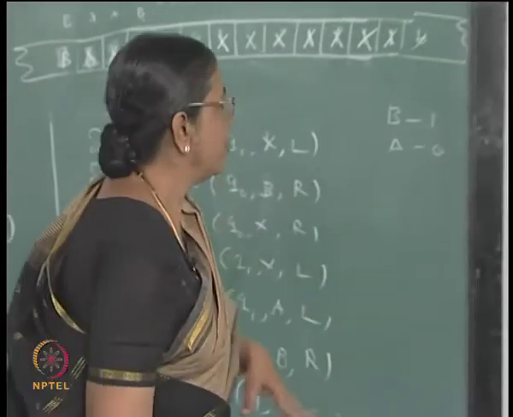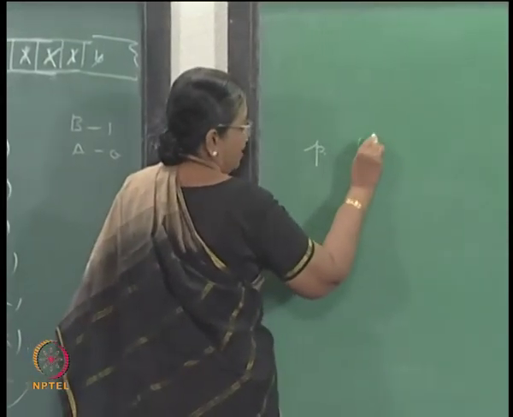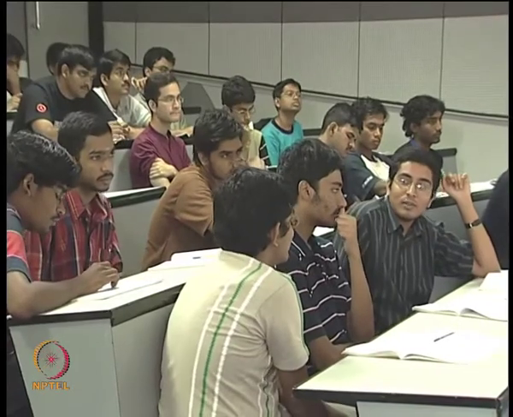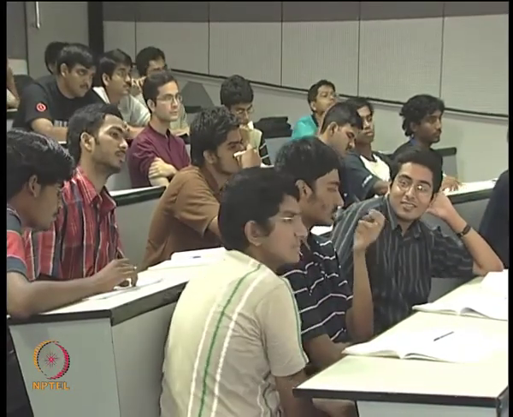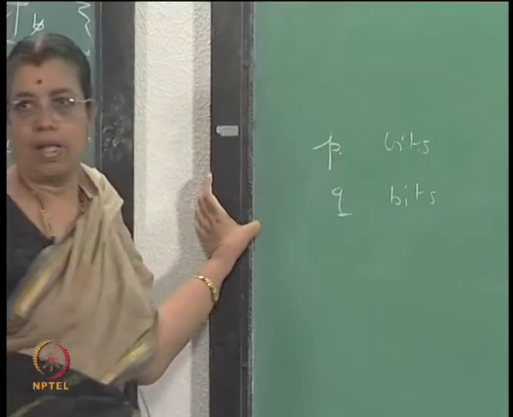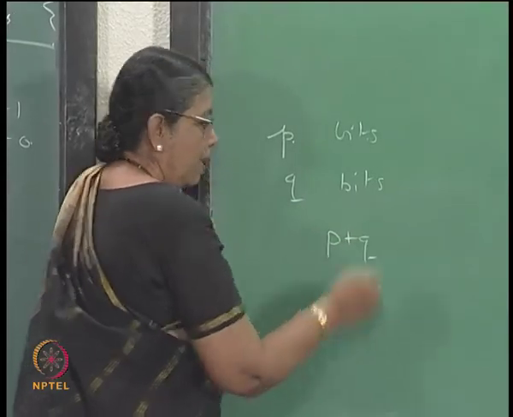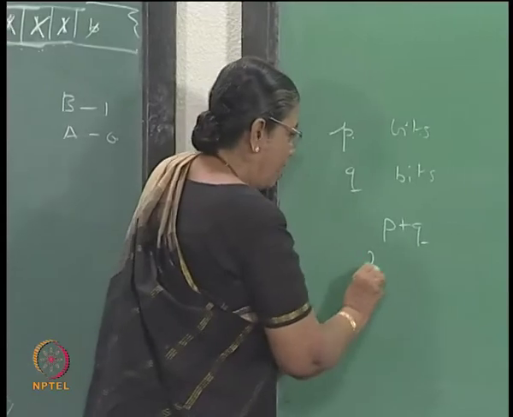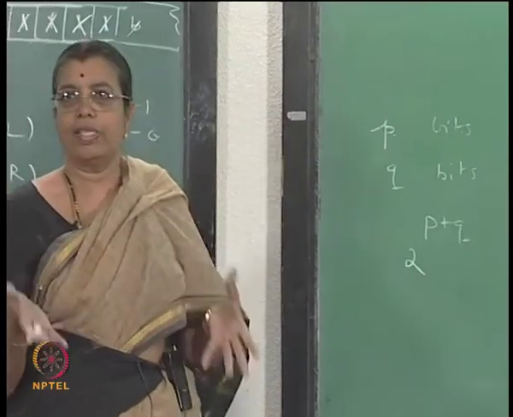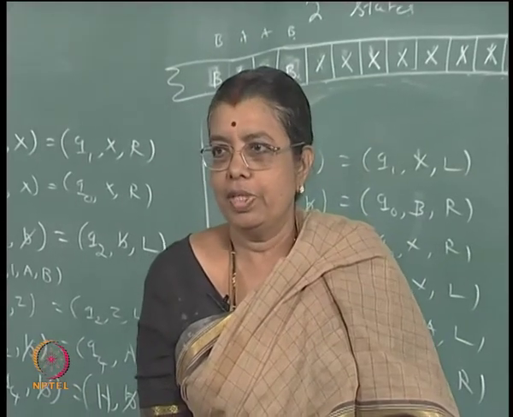So, I will just put it like this: in the main memory there are p bits, so many bytes multiplied by 8 or something like that, and in the registers you have some q bits. Then totally you have p plus q bits, each one can be 0 or 1. So, when you say the whole system is in a state, there will be 2 power p plus q states.